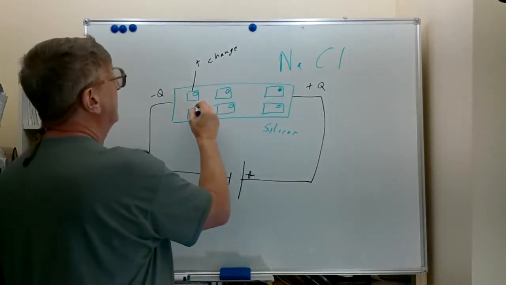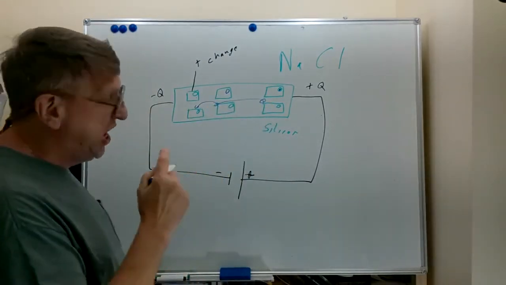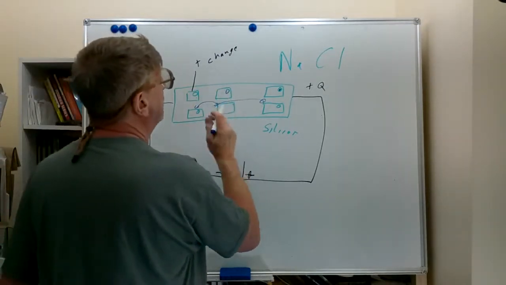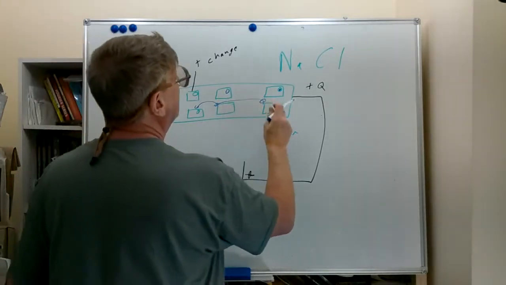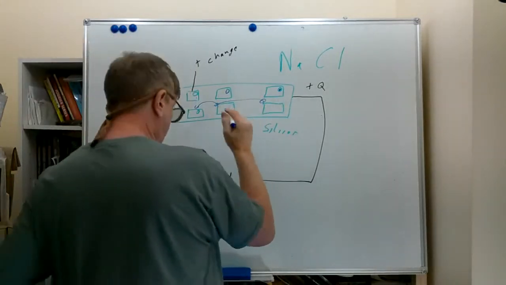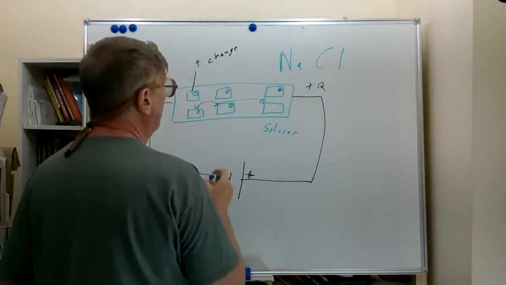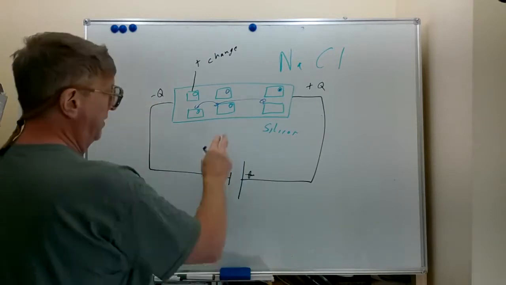So we get electrons moving like this, but as you can see, once this electron jumps to here, this is no longer a positively charged atom. But when that electron jumps to here, this one's not positively charged, and the hole or missing electron appears again at this atom.